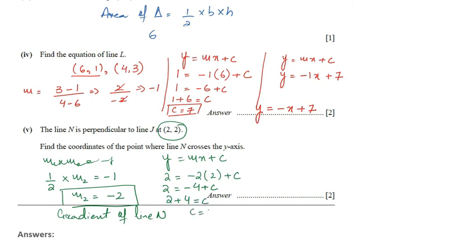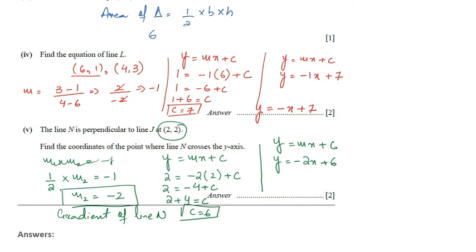So the value of c is 6. Now the value of m is -2 and the value of c is 6. To make its equation, we take y = mx + c, so y = -2x + 6. So we have got the equation of the line N.